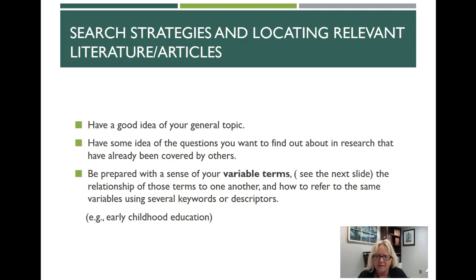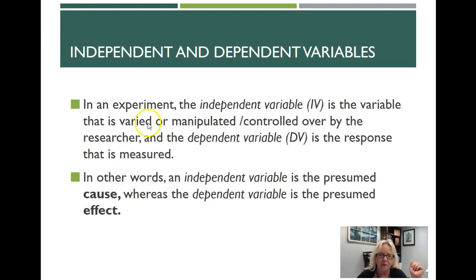One of the things to think about: we talked about variables last week, or I gave you stuff to read on variables, and variables can be useful in determining keywords to use in order to do your research. Remember that an independent variable is the variable that's manipulated or controlled, and the dependent variable is what happens.